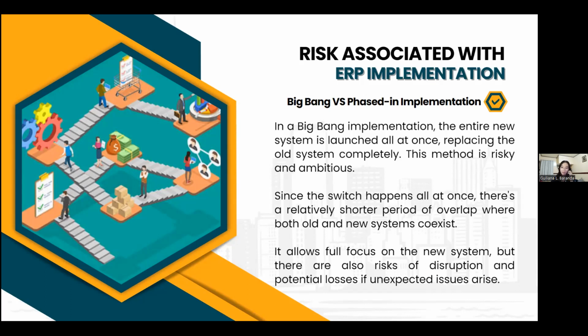Since the switch happens all at once, there's a relatively shorter period of overlap where both old and new systems coexist. So it allows full focus on the new system, but there are also risks of disruption and potential losses if unexpected issues arise.